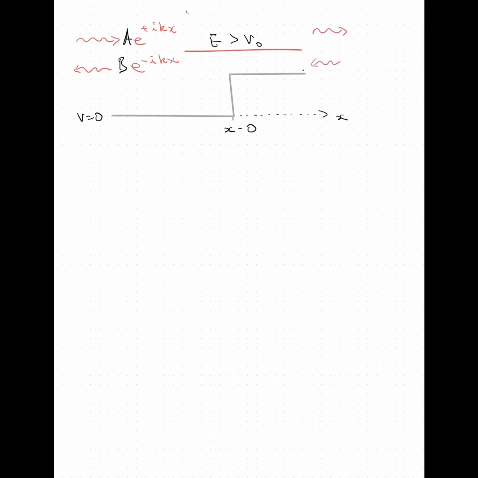And on this side, you have C e to the i k naught x, and this one has D e to the minus i k naught x. Notice this is coming in from plus infinity, which hopefully makes it clear that it can't exist for this case when the wave comes in from the left here. So we make that a 0 coefficient. Okay.